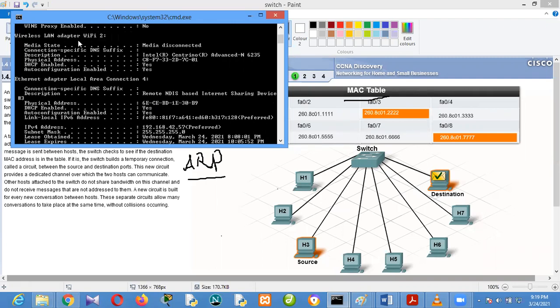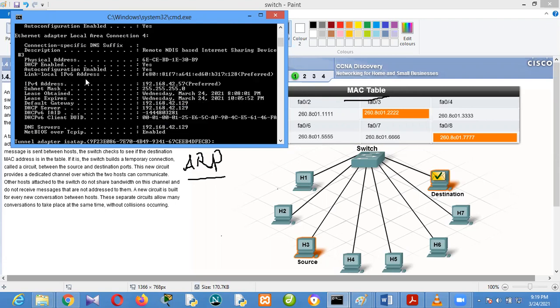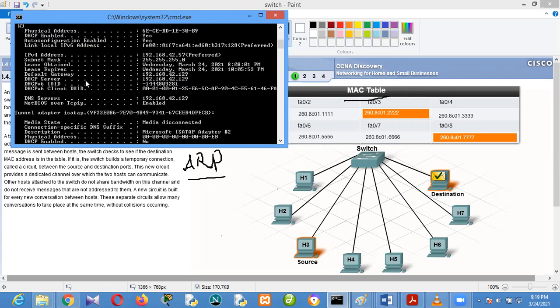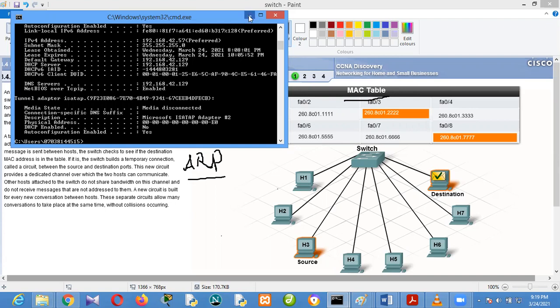My wireless LAN adapter has its own too, C8 and all of that. And a MAC address is 48 bits. It's important you know that it's 48 bits. So all your network adapters have their own individual MAC addresses.